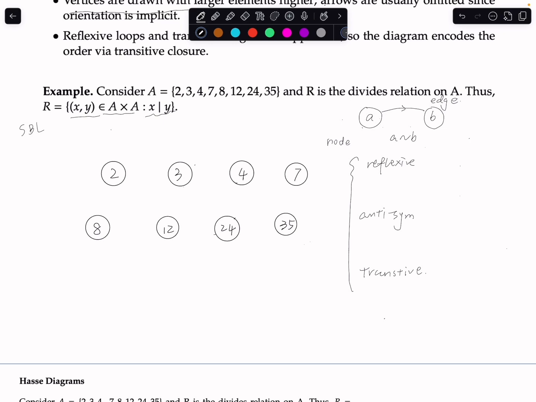So what does reflexive tell us? Reflexive says every element in A relates to itself, namely each element x in A, x divides x. So we can draw a looping circle on each node.